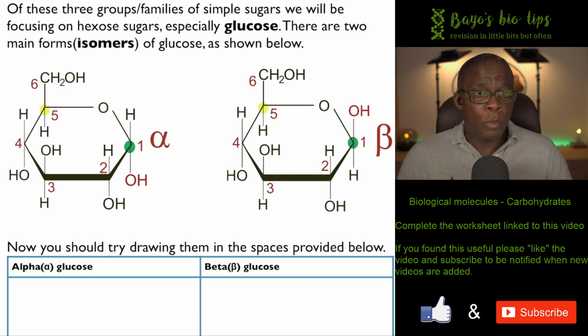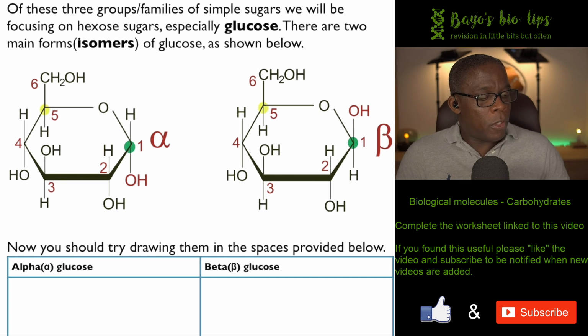Isomers are molecules which have the same chemical formula, but a different structural formula from each other. So if we look here, can you spot how alpha and beta glucose differ from each other? So alpha is on the left, beta is on the right. I'll give you a second to think about it.